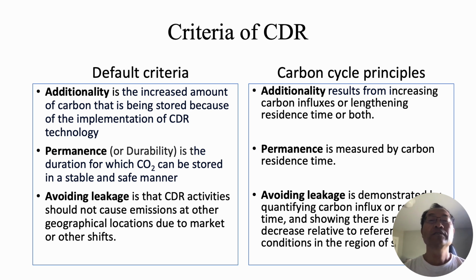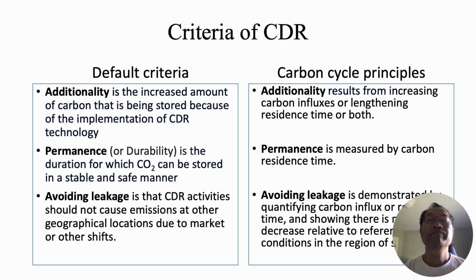Those criteria are quite qualitative. Using the carbon cycle principles as we discussed, we can define those terms as much more quantitative. For example, additionality can be measured by increasing carbon influxes or lengthening residence time or both.